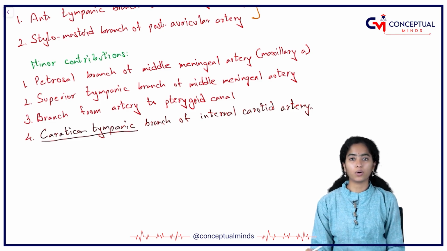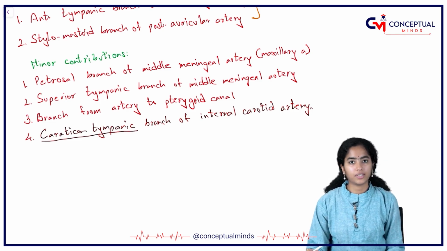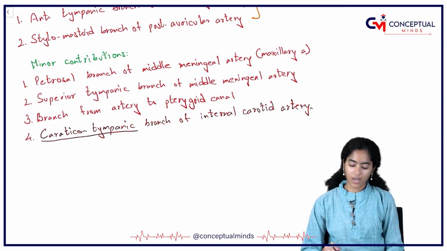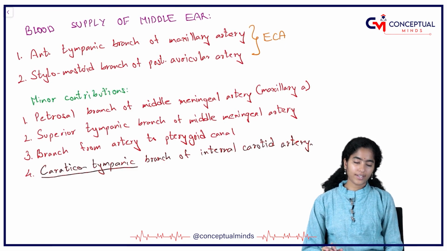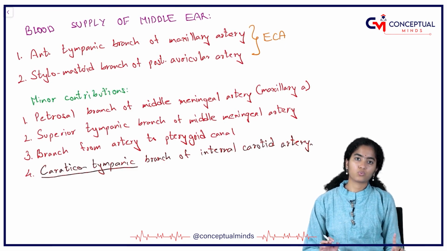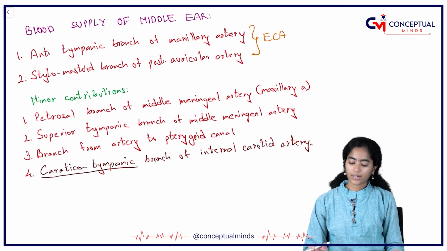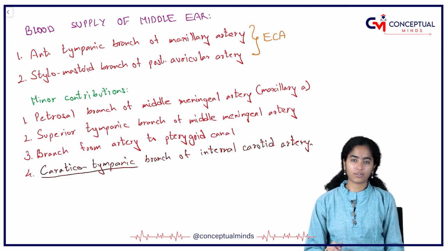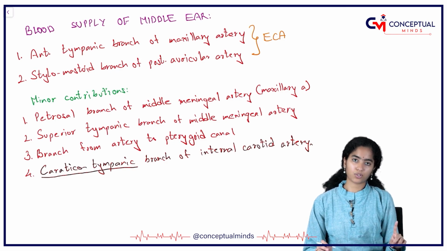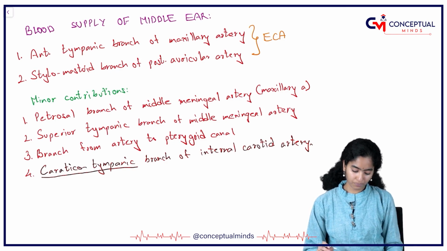So, this is about blood supply of middle ear. From the external carotid artery, we get maxillary artery, and maxillary artery gives anterior tympanic branch, which is a major supply, and it also gives middle meningeal artery. And from the middle meningeal artery, there are two branches, petrosal branch and superior tympanic branch.